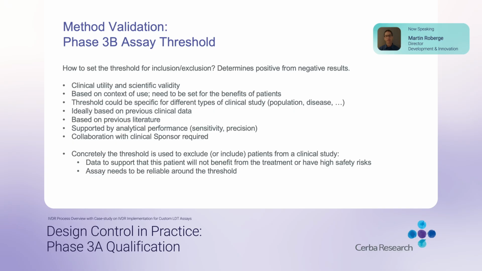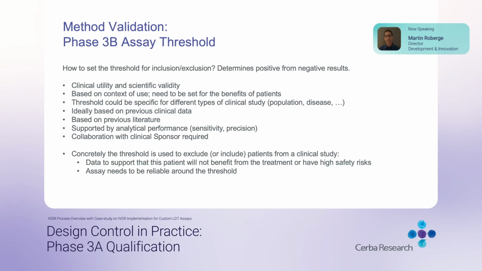It can also be based on previous literature and be supported by the analytical performance of the assay, sensitivity, especially precision and reproducibility. And finally, we need to collaborate with the clinical sponsor, because they are the ones that know where they want to go with this assay, and we need to set this threshold based on the sponsor and the assay and the conditions of the assay as well.